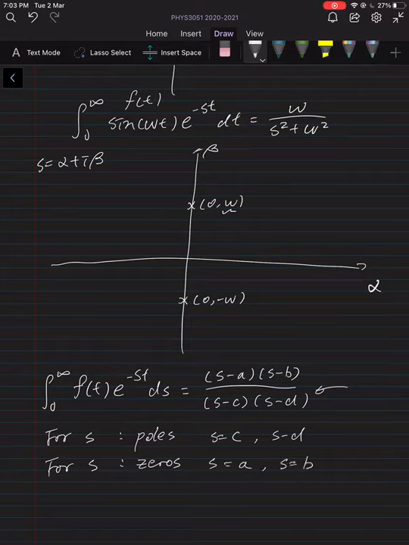So usually, what is interesting is at the poles. The poles would form some conjugate.